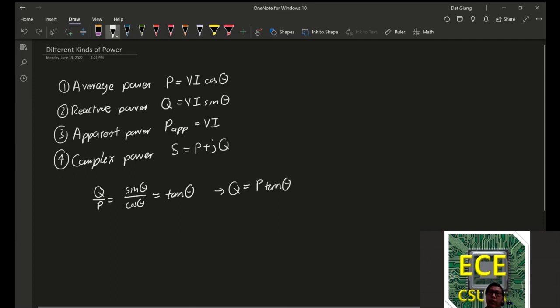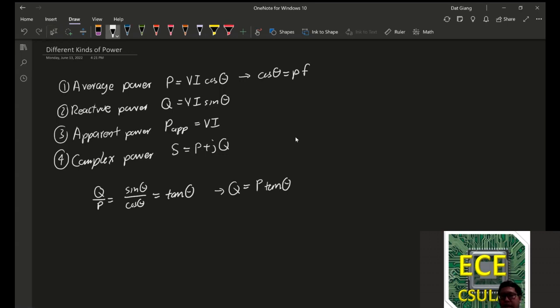Now, later on, there's also something important for us to talk about, and that is power factor. Let us look at this quantity: cosine of theta is called its power factor. But we can't just simply say power factor, because the angle tells us it has to be in reference to something.